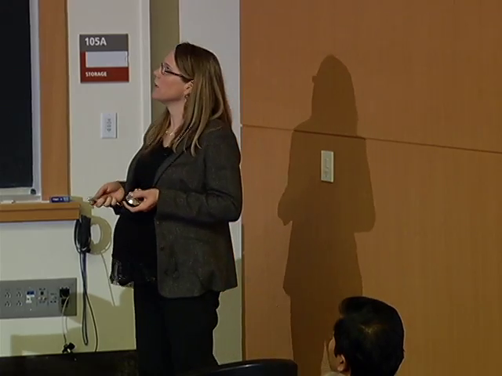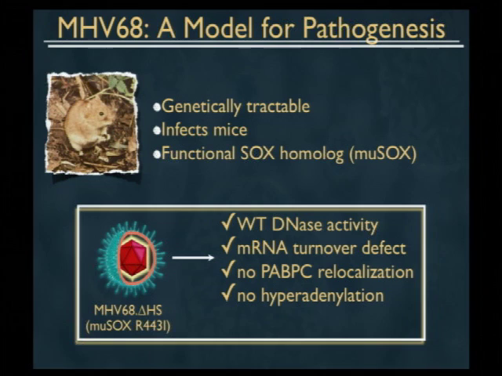So what a graduate student, Justin Richner, in the lab did was he set about doing a random mutagenesis screen and was able to identify a single one amino acid change mutant in the muSOX gene, which allowed it to selectively lose this ability to trigger RNA turnover, but retain the wild type DNase activity.